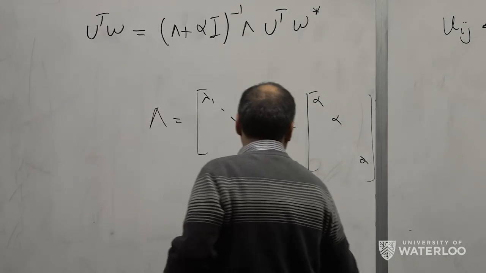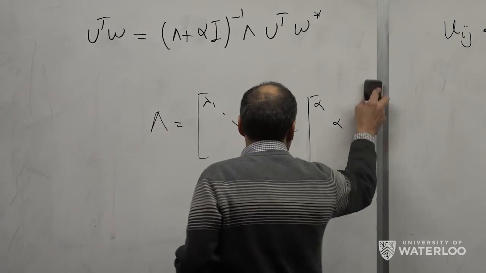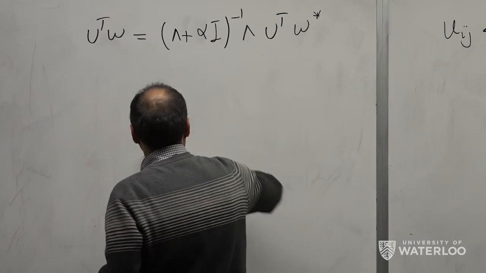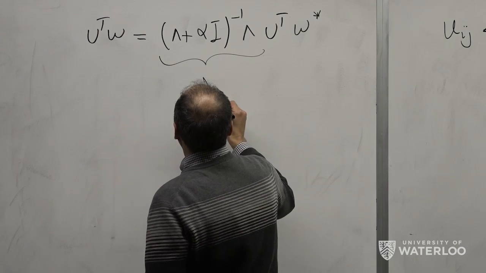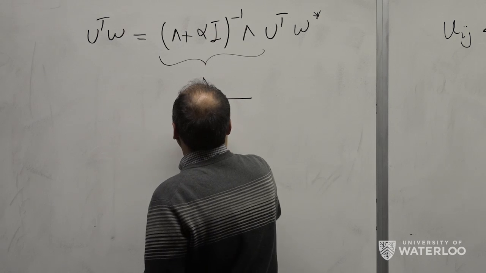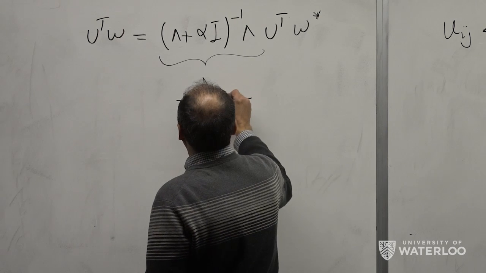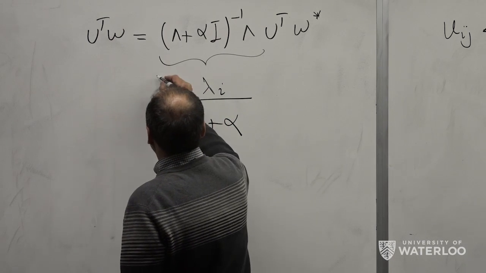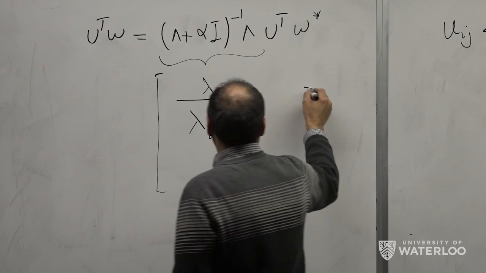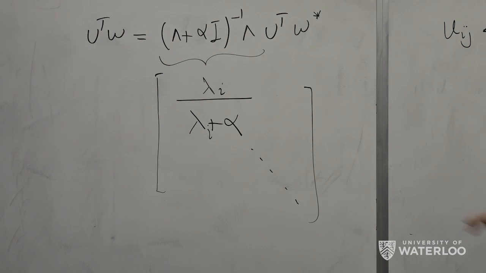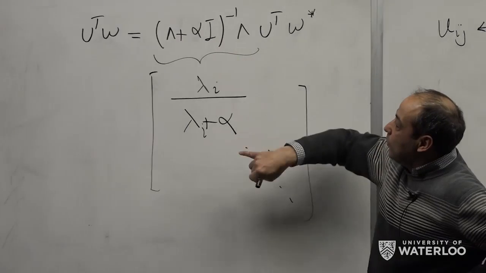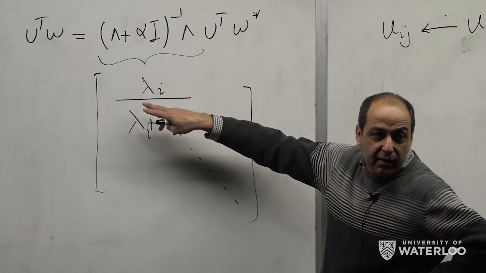So the whole thing here is lambda divided by lambda plus alpha. So a matrix of this form. So again, if alpha is 0, it has no effect.